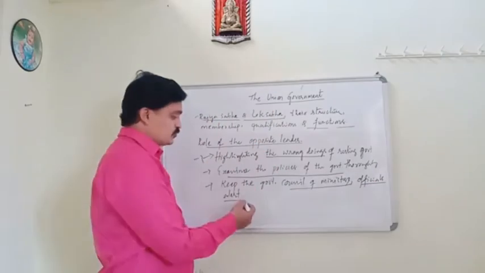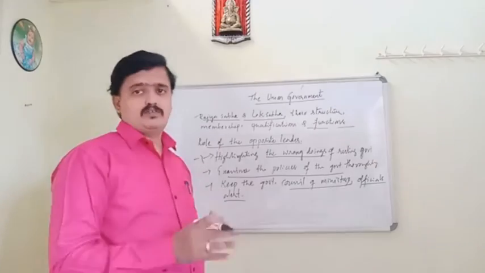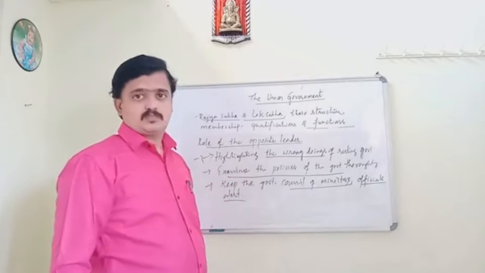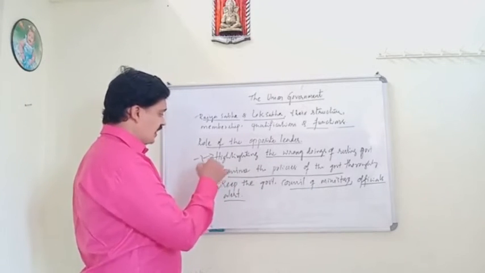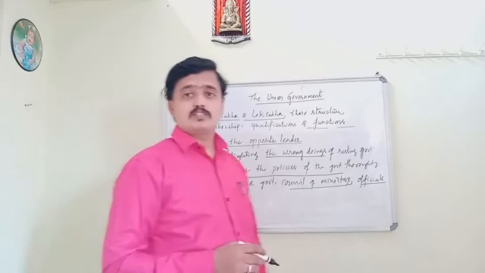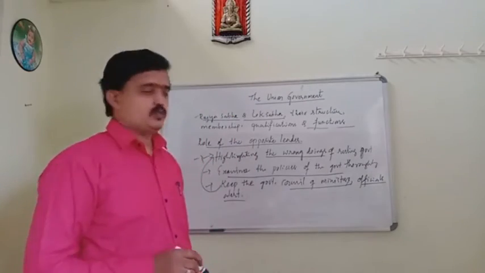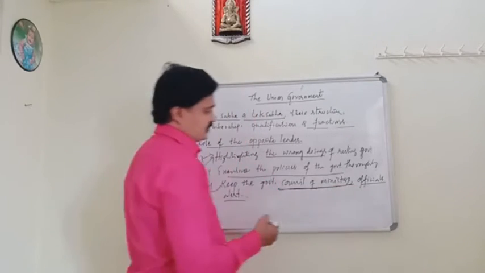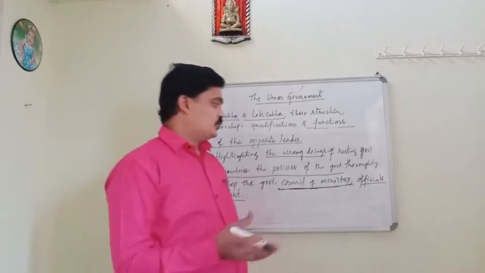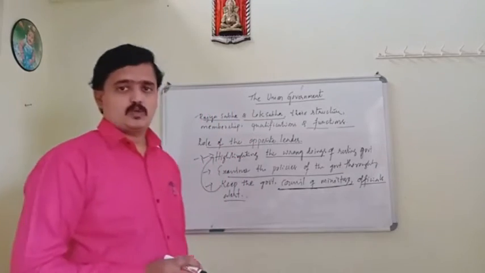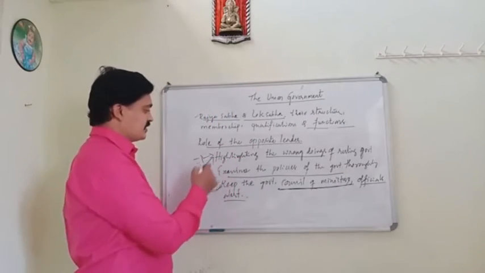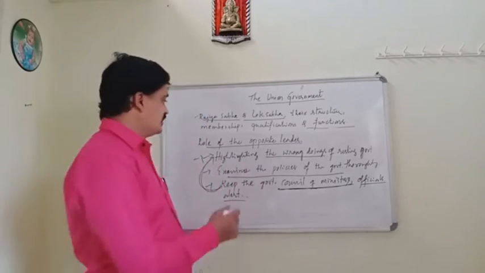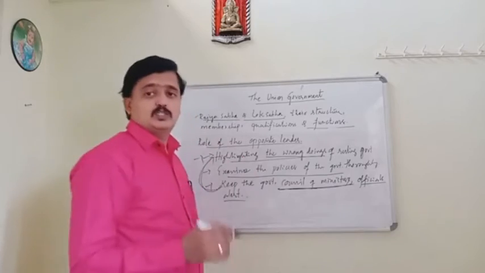Which means they have to work very attentively. Always they should be alert. Otherwise, they are going to highlight the wrongdoings of the ruling government here. So whatever work they have to do, they should do very attentively. Otherwise, the opposition leader is waiting to highlight their wrongdoings here.